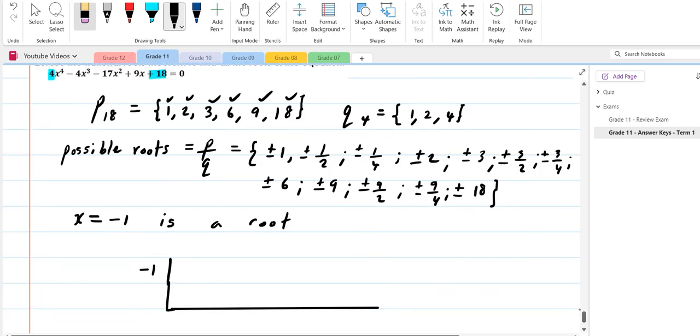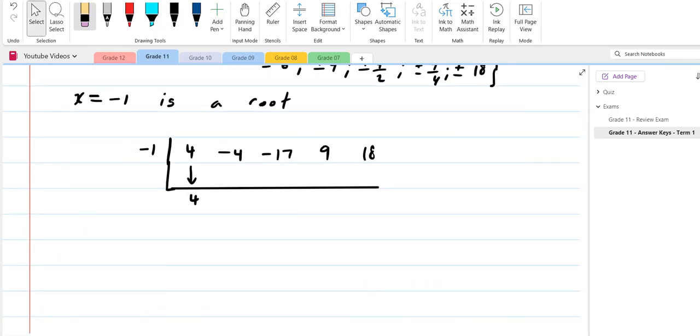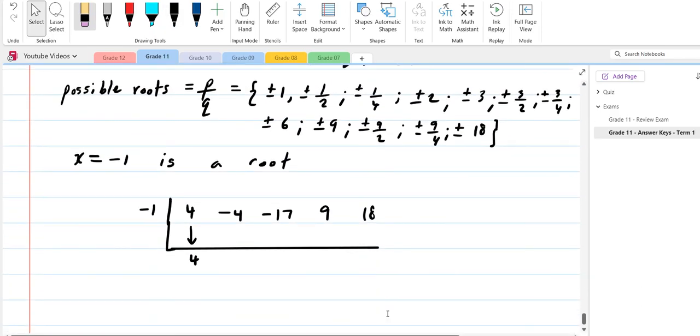So we have 4, -4, -17, 9, and 18. We bring down the 4. After we bring down the 4, we multiply and we add.